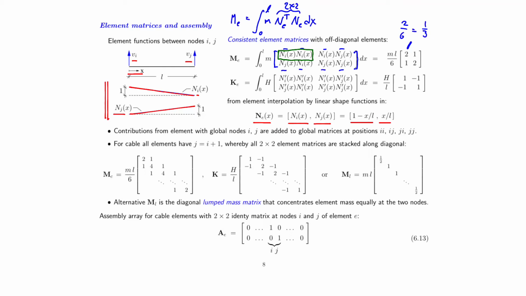And we'll have the same value in our case for the 2, 2 value, and the 1, 2 values will then be half as large as the diagonal values.